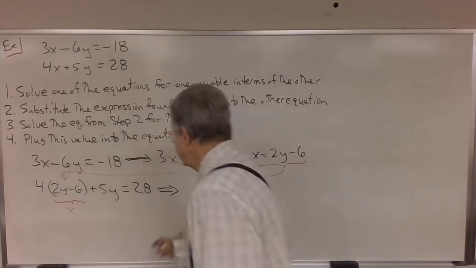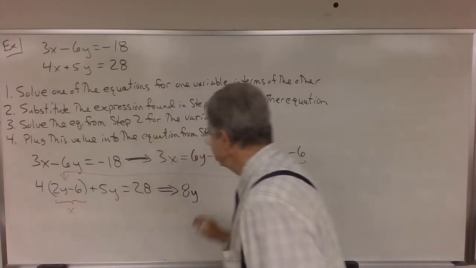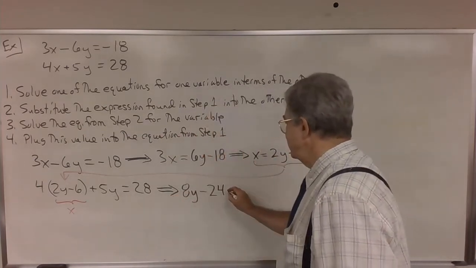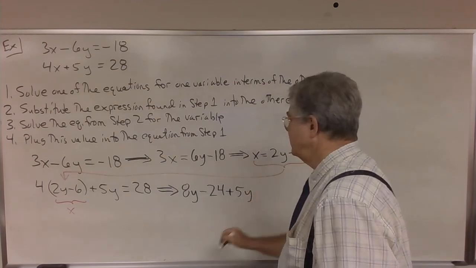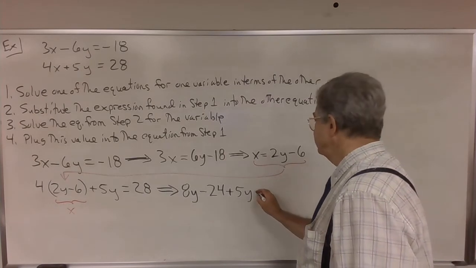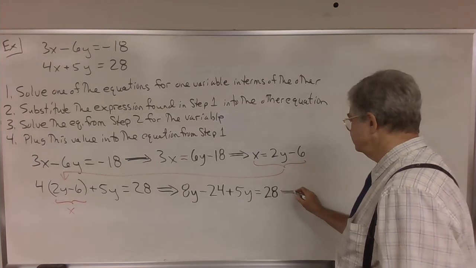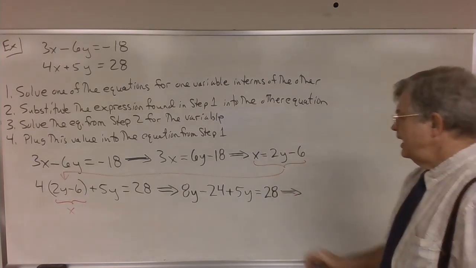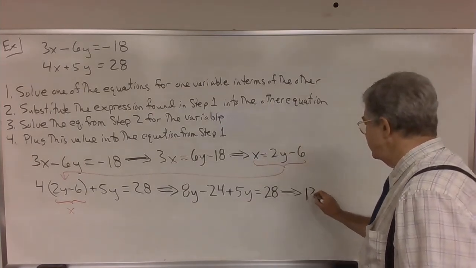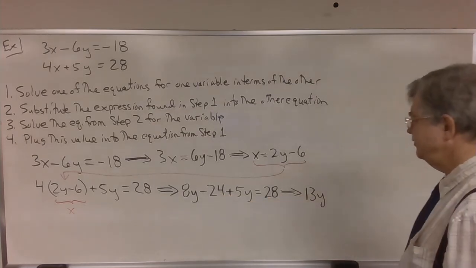So I have 8y, 4 times negative 6 is minus 24, plus 5y equals 28. And 8y plus 5y is 13y. Add 24 to both sides.